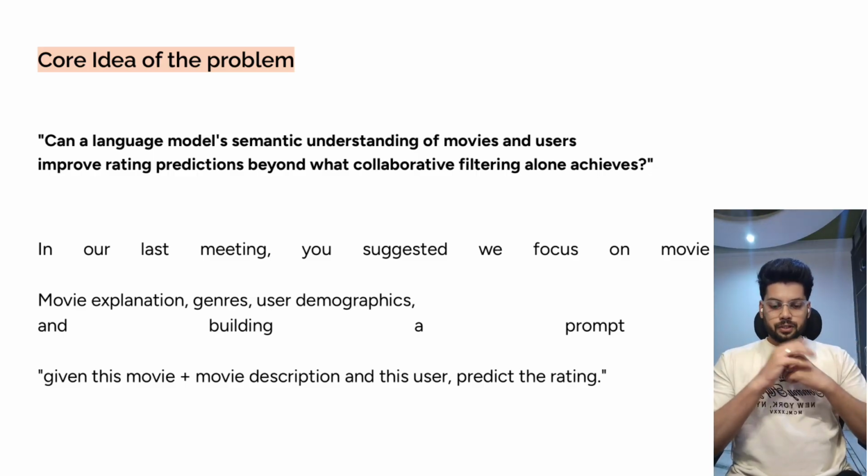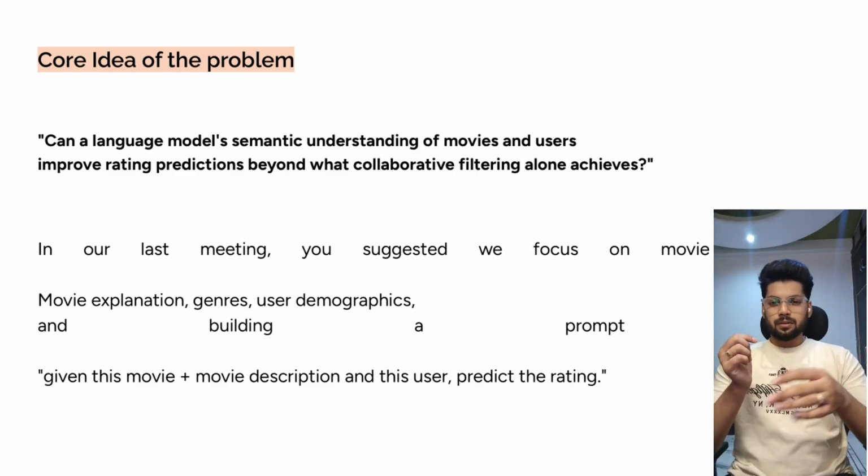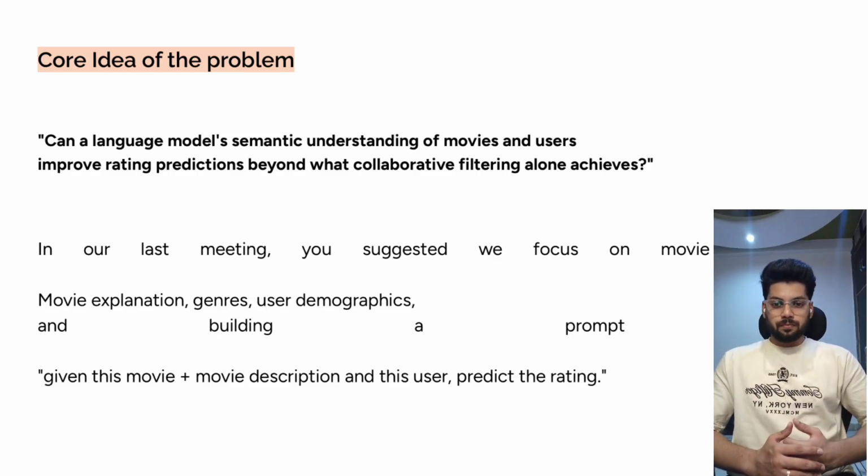We rebuilt the whole project and tested it rigorously over the five folds, and the results were really good. We also compared it against the CF baseline and a hybrid of both. So this was our project, and let's do a walkthrough.